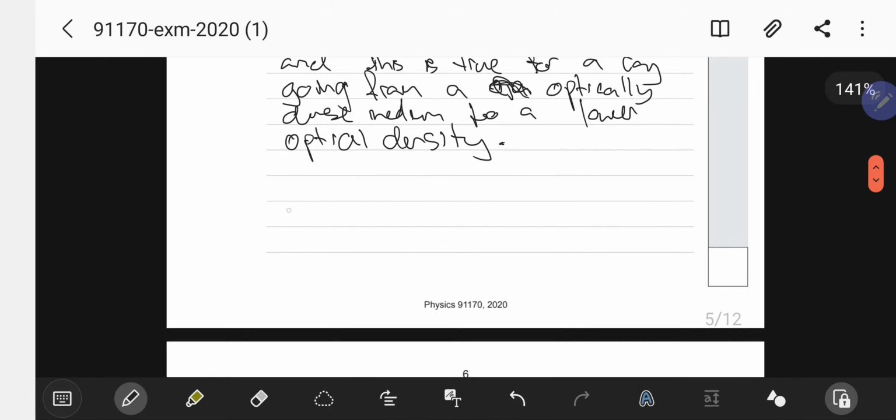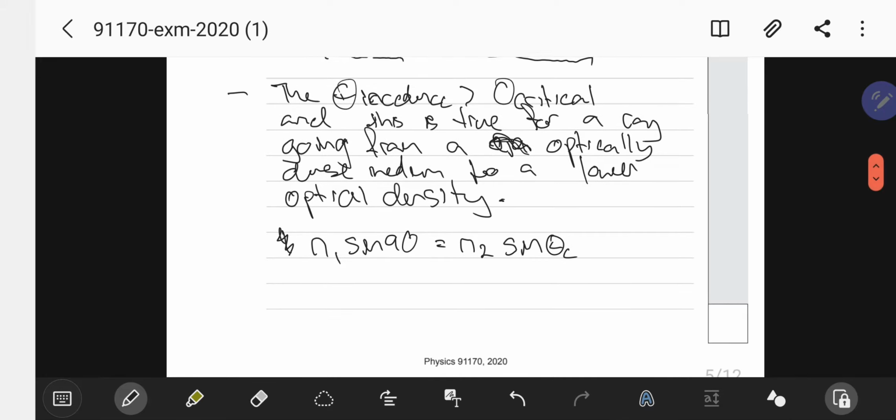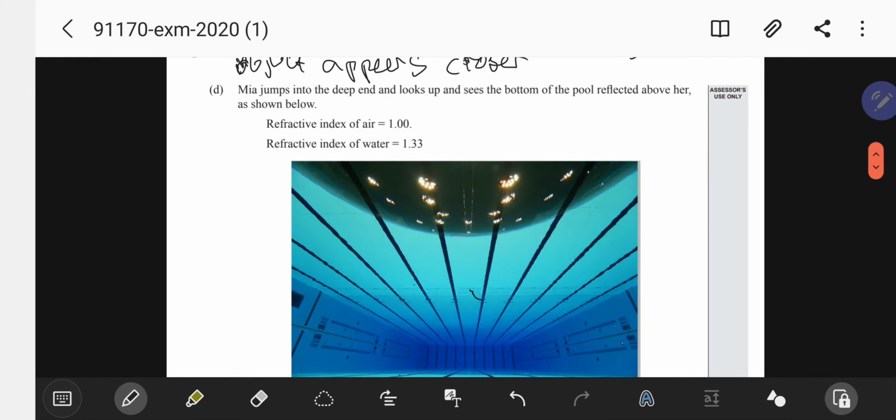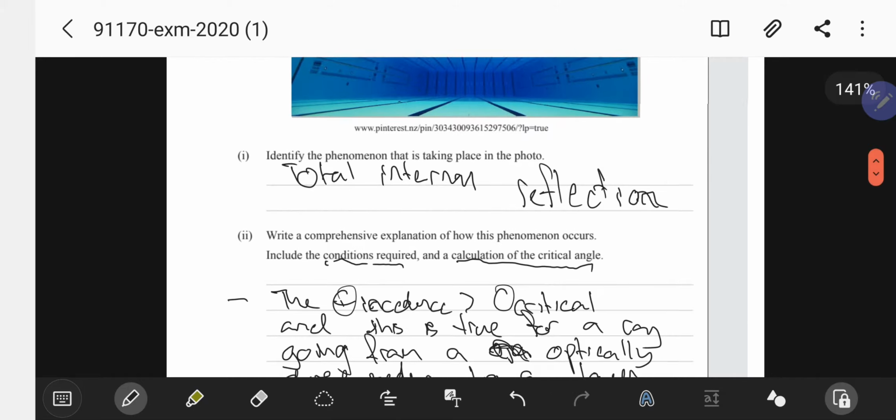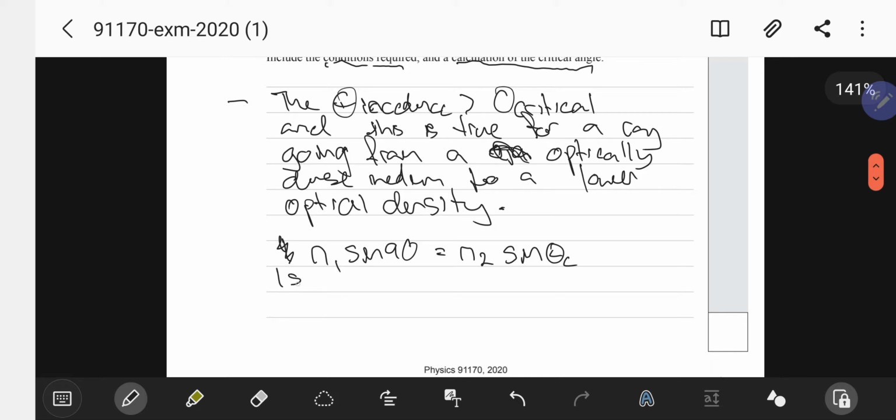And they want a calculation of the critical angle, so it's going to be n1 sine 90 equals n2 sine theta critical. So n1 is 1.33 and n2 is 1, so this is going to be 1.33 sine 90 equals 1 sine theta critical. I'm hoping this is right. If you think it's wrong, just let me know in the comments below.